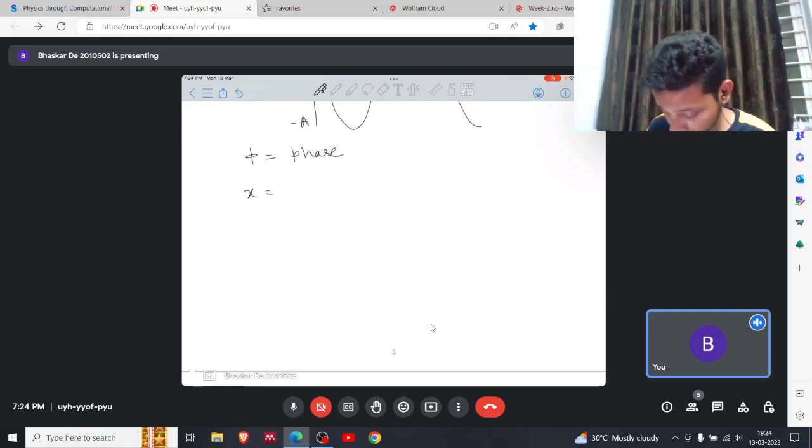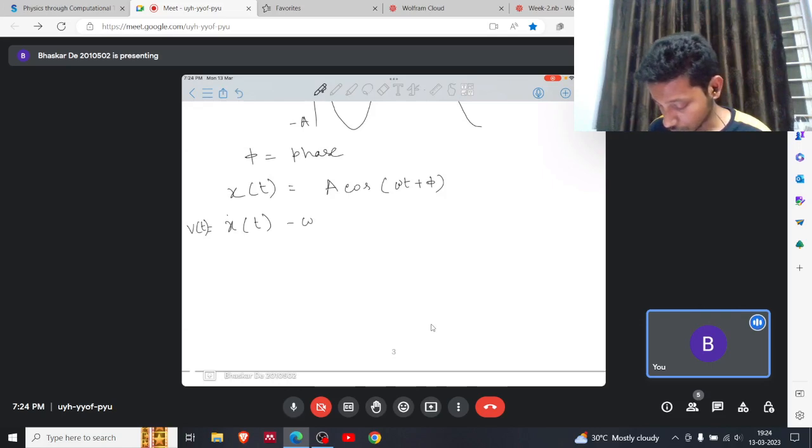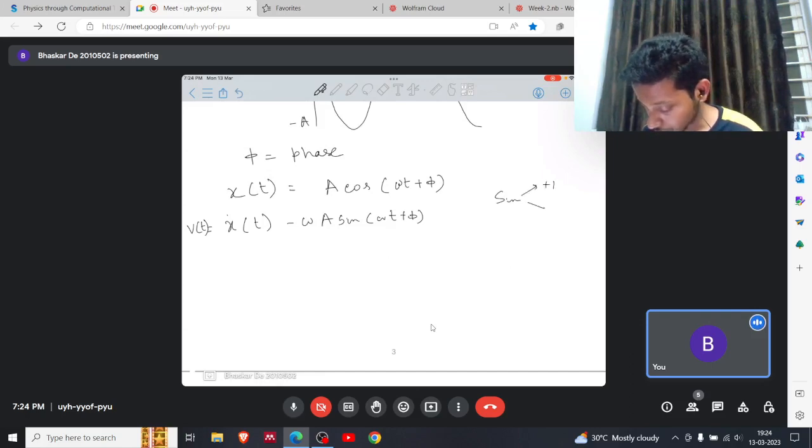Now again, x(t) equals A cos(omega t plus phi). x dot(t), which is basically velocity, is minus omega A sin(omega t plus phi). As you know, the maximum and minimum values of sine are +1 and -1.